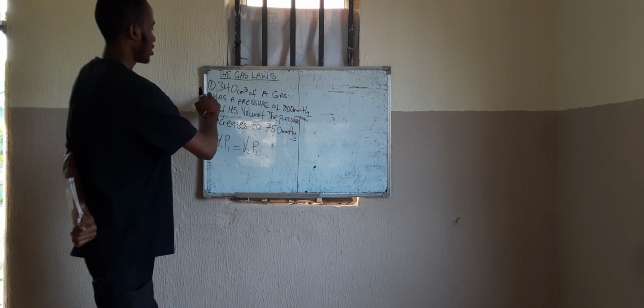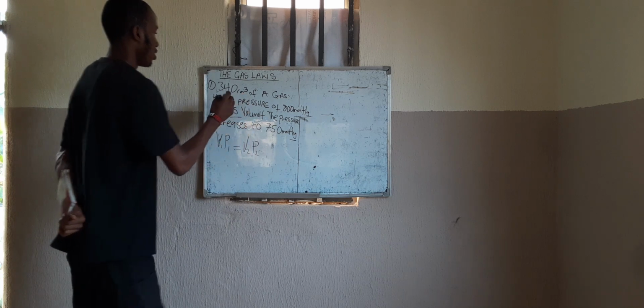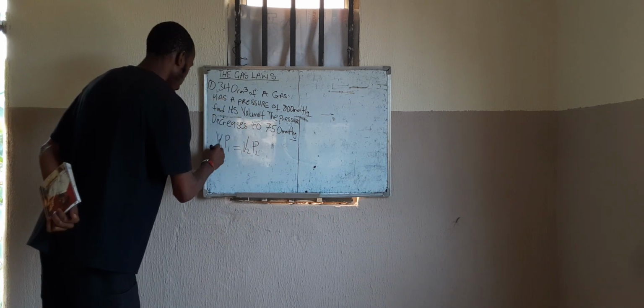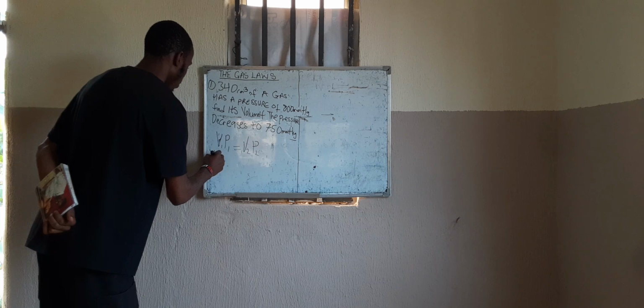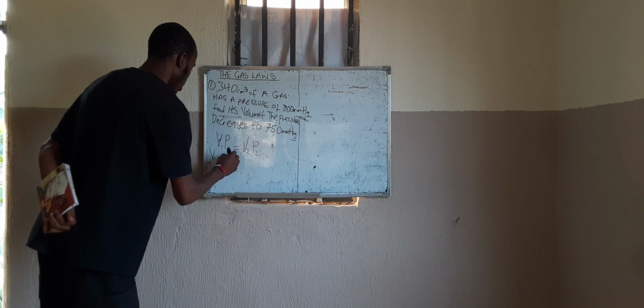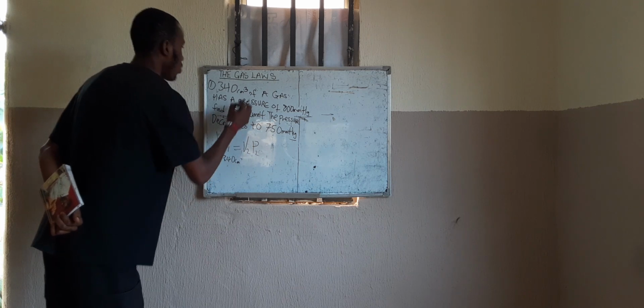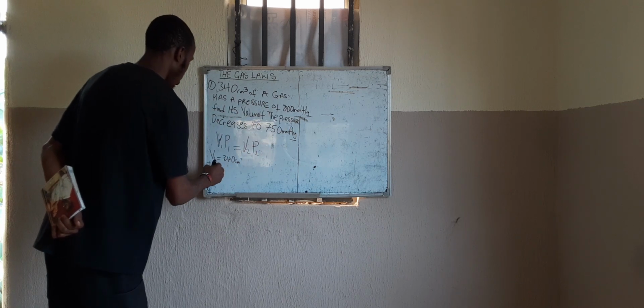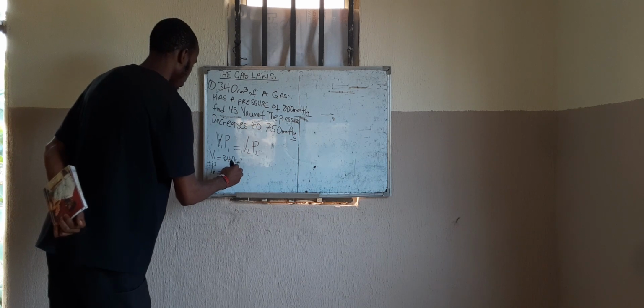So in this question, the first volume you have there is 340 cm³. V1 is now 340. P1, the first pressure, is 800.